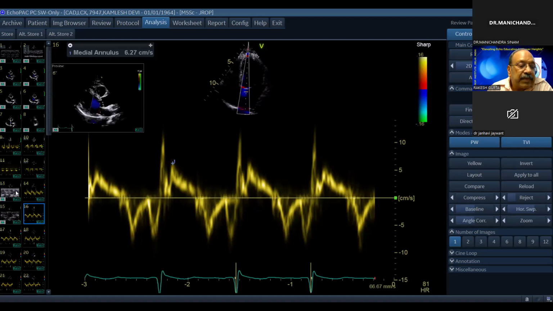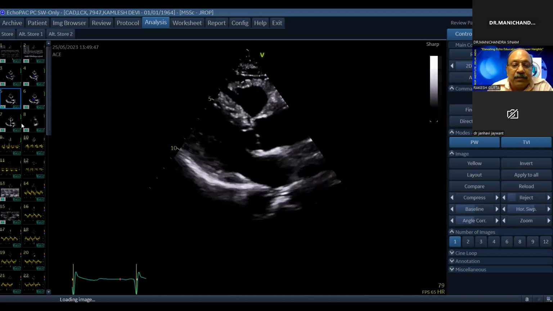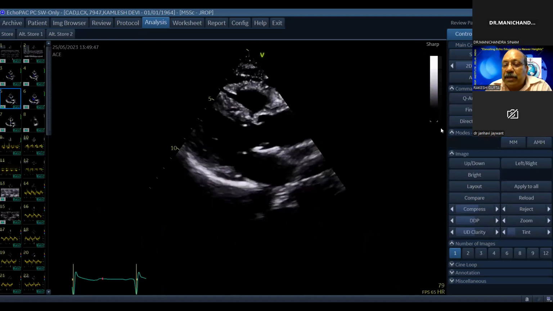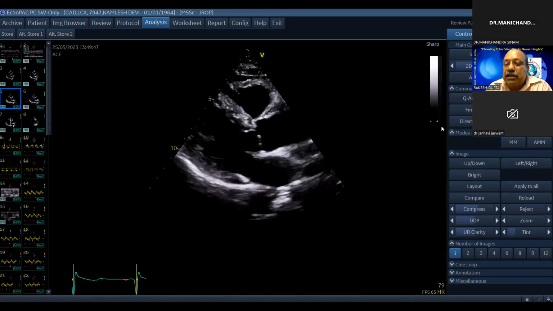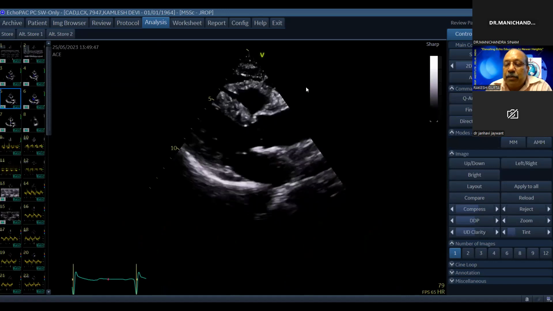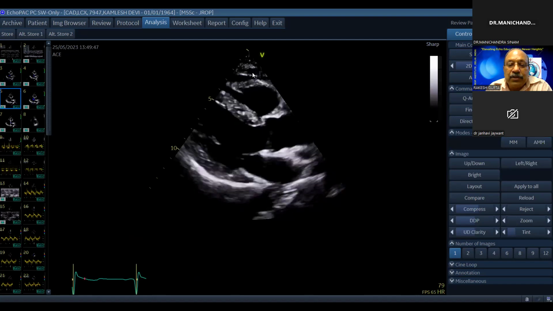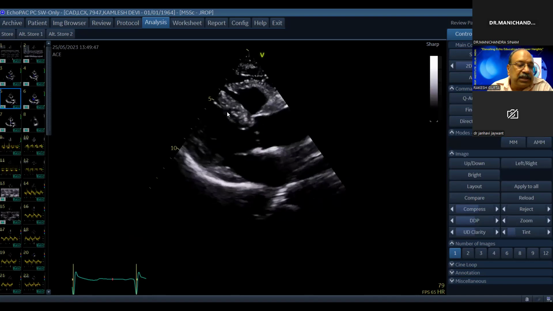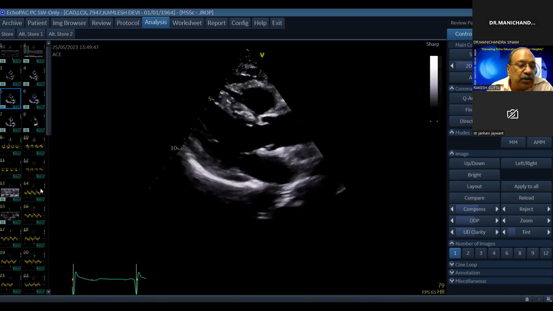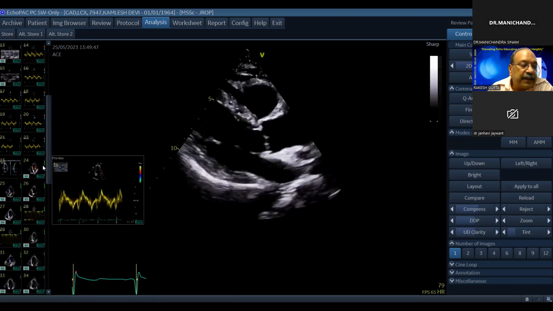Got it. Let me see if I can put in the sector for tissue Doppler. No, this is not possible to put a TDI. You put a TDI over here, and reduce the sector scan in the 4-chamber view. I can show you in the 4-chamber view.